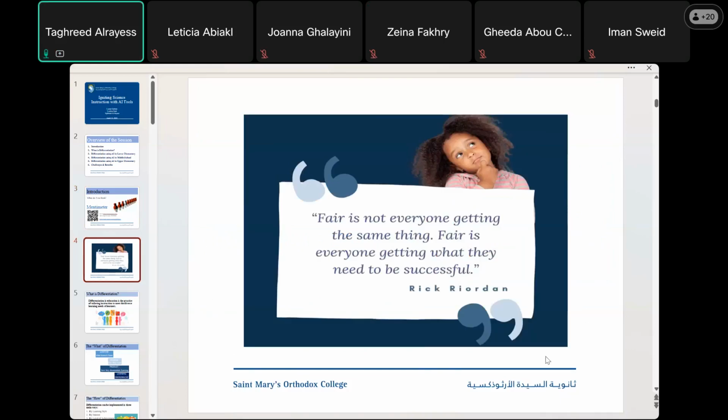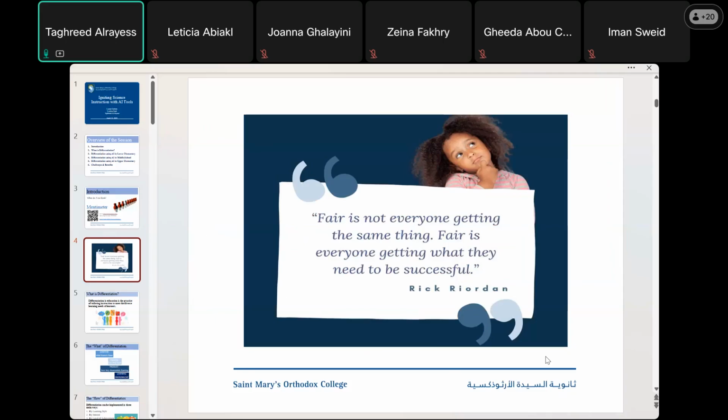So I'd like to start our session with a quote that really captures the heart of differentiation. Fair is not everyone getting the same thing. Fair is everyone getting what they need to be successful. Rick Riordan, an American author. Let's take a moment to reflect on that. In our classrooms, it's very easy to fall into the mindset that fairness means giving all students the same instruction, same assignments, same expectations.